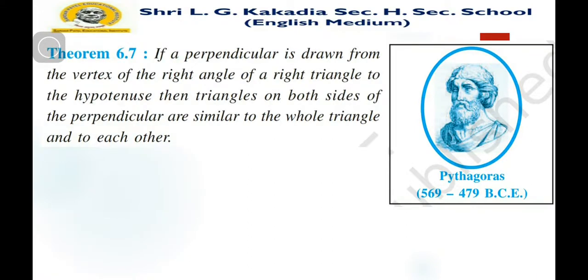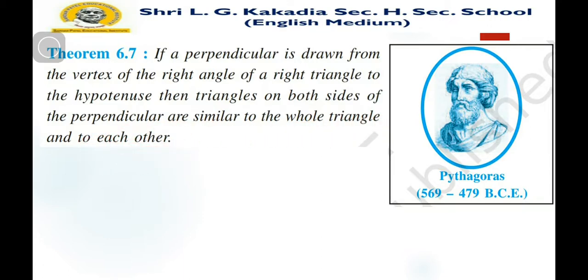We say theorem number 6.7: if a perpendicular is drawn from the vertex of the right angle of a right triangle to the hypotenuse, then the triangles on both sides of the perpendicular are similar to the whole triangle and to each other.